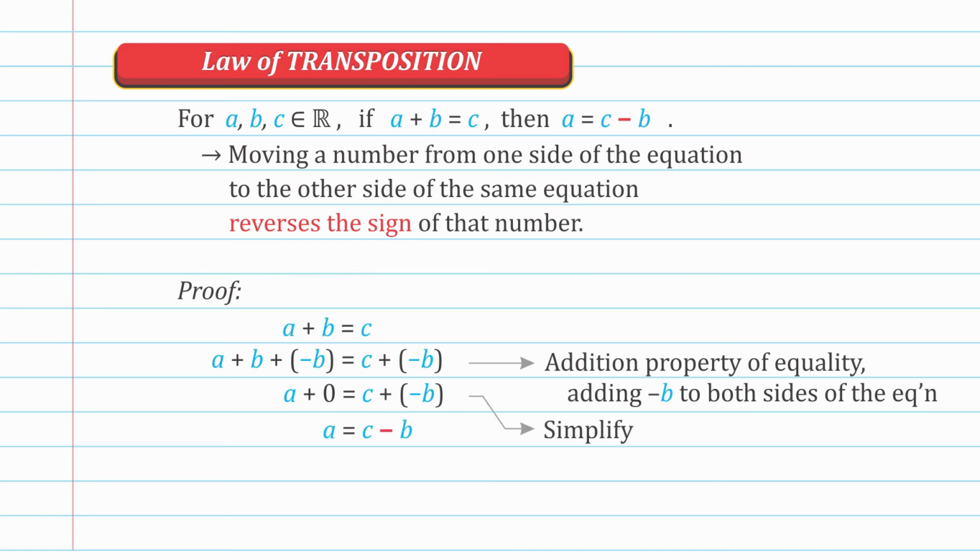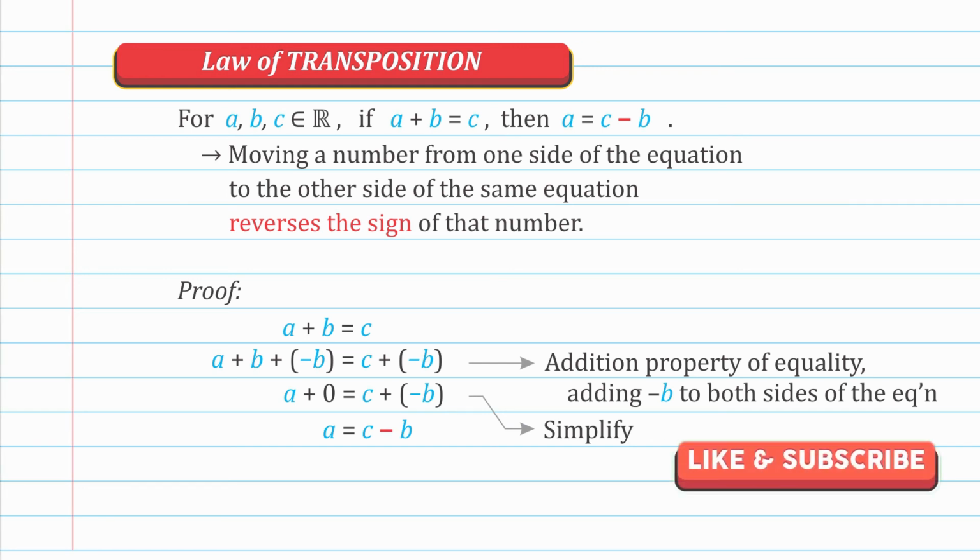On the right side though, we can simplify further. c plus negative b is c minus b. Therefore, we can say that a plus b equals c can be converted to a equals c minus b. They're the same. In our next example, we will be trying to use this to solve for variables.